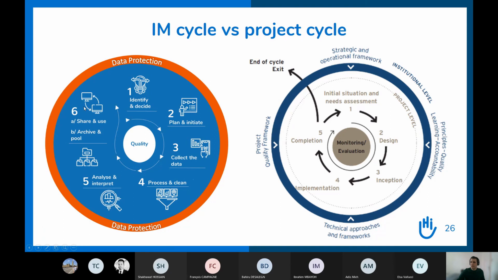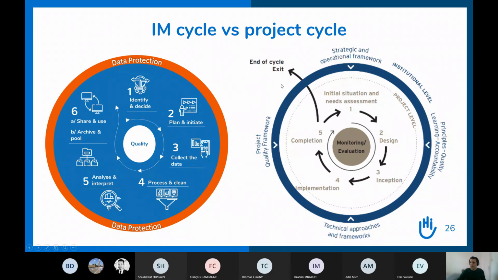And the use will be to help you design your project by focusing only on the areas where there are needs, and so on. So these are really different cycles. And once again, at the inception, maybe you are going to do a baseline. Then during the implementation, you are going to do data collection around beneficiaries' information.